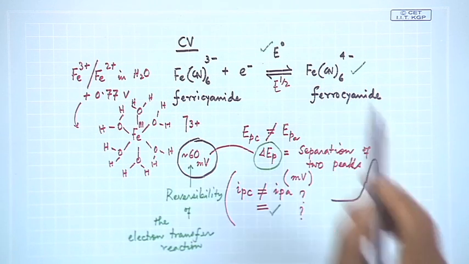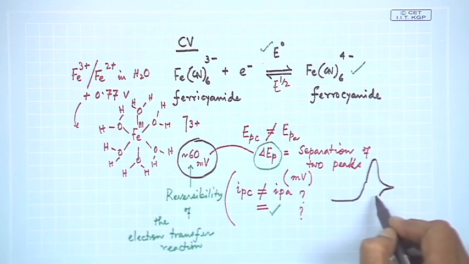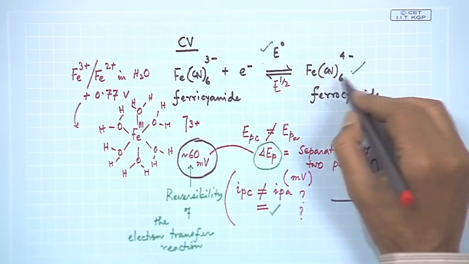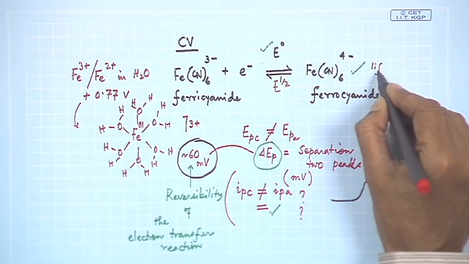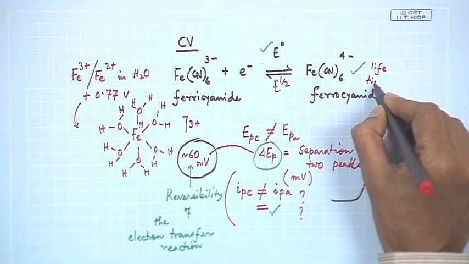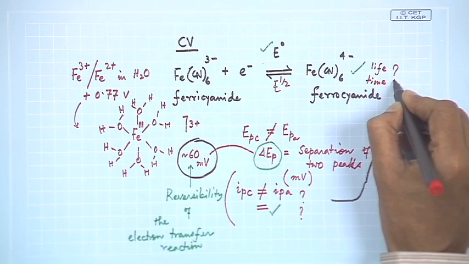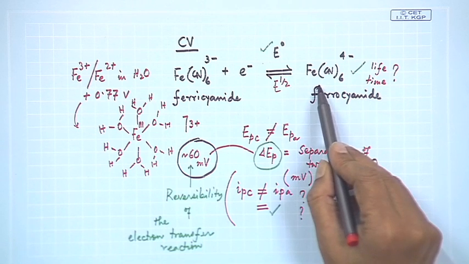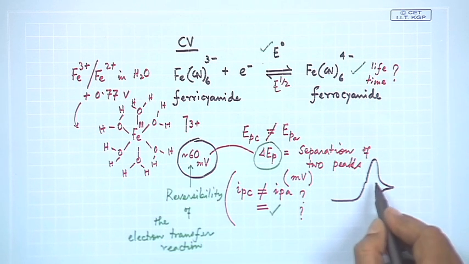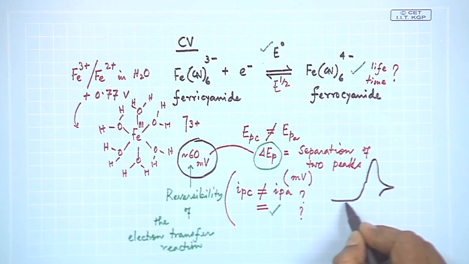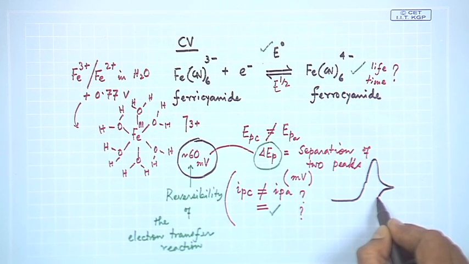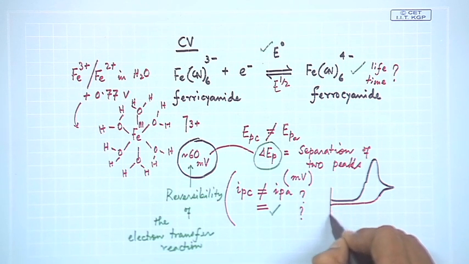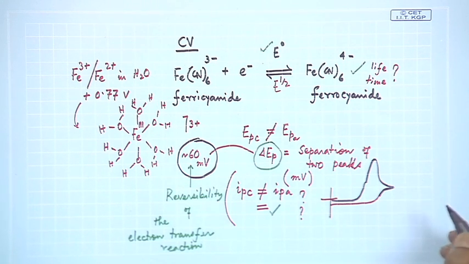Ferric is going to the ferrous state, then the ferrous state is again reoxidized. What I am talking about is the stability, or the lifetime, on the electrode surface. If the lifetime on the electrode surface is not much, then instead of getting the whole cyclic process, your voltammogram can look like this. This is your starting potential.